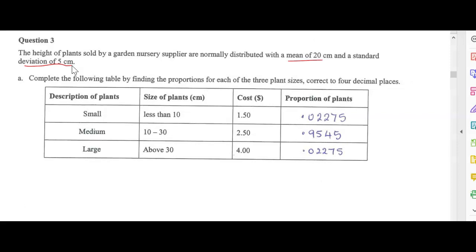Okay, so we've got our mean, our standard deviation. Remember in your calculator, it always does the standard deviation first. So if it helps you not make that small error of getting your mean and standard deviation around the wrong way, just write your standard deviation first and then your mean.